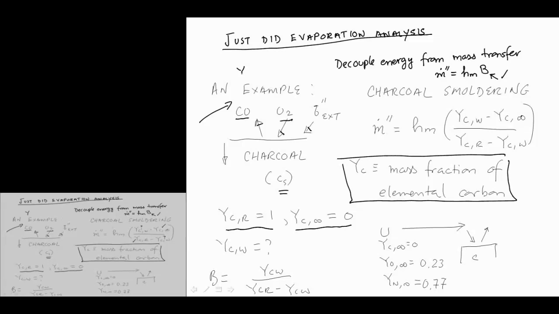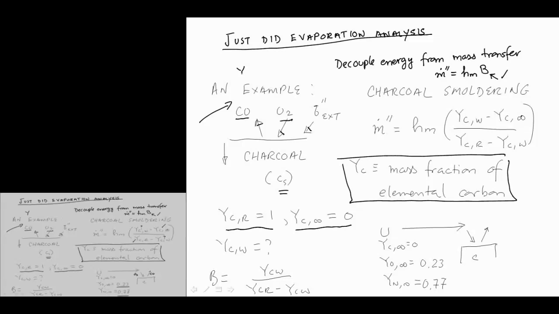And I guess this is the picture I put together already. So O2 comes in, CO goes out, and the carbon is being attacked. Now, we know the mass fraction of oxygen at infinity is 0.23, et cetera.